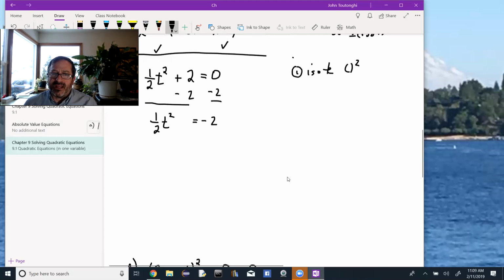And then I'll multiply everything here by 2, or 2 over 1, to get rid of this 1/2. And give us t squared equals -4. The reason I isolate the square is so that I can square root both sides.